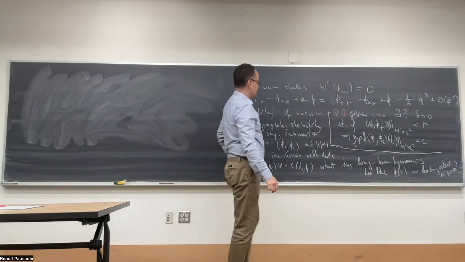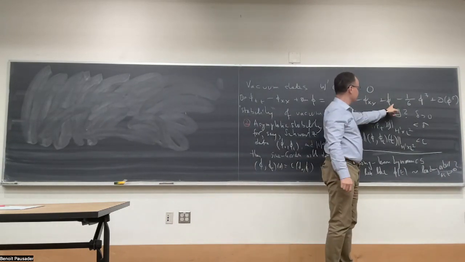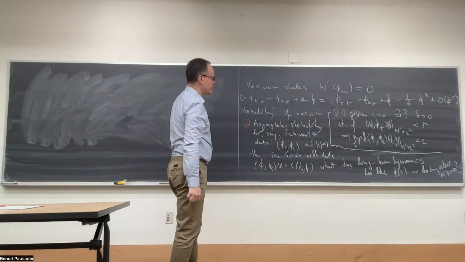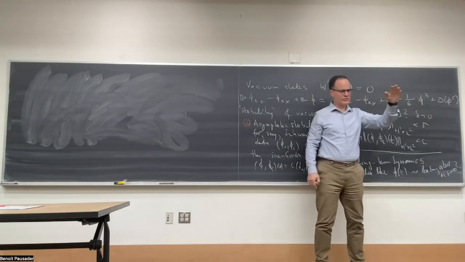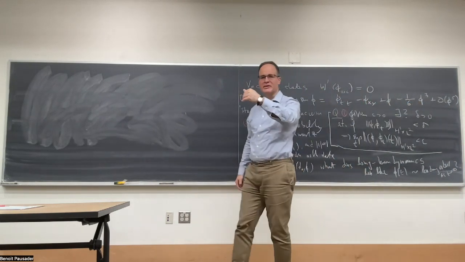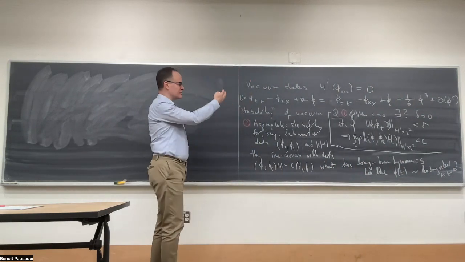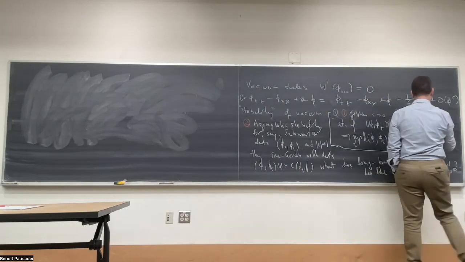So you can use the energy coming from here, which is of course the H1 cross L2 energy, and you can treat this perturbatively because you have an H1 to L infinity Sobolev embedding on the line. And then you will see that since the energy is conserved, you can use it as a Lyapunov function. So absolutely yes.